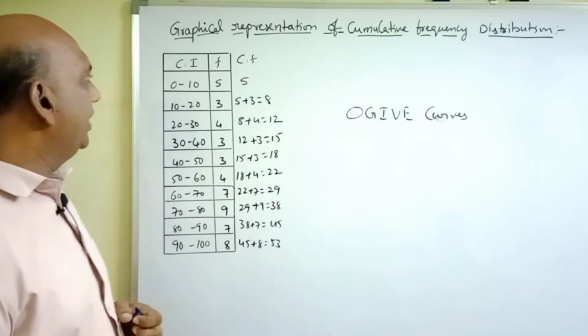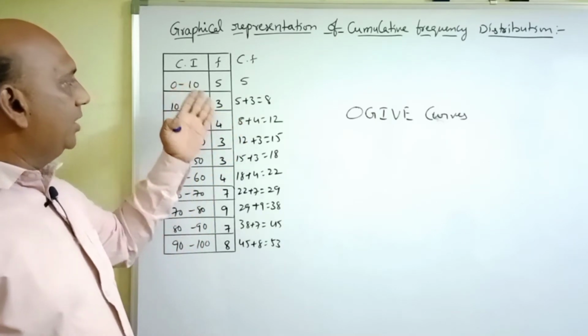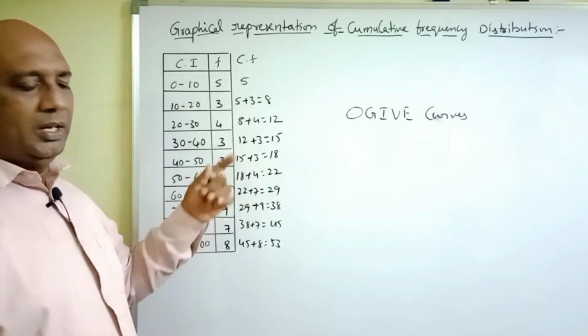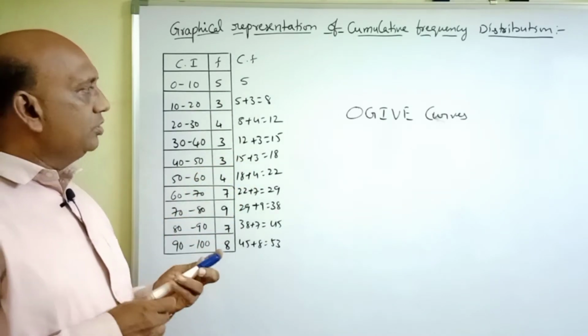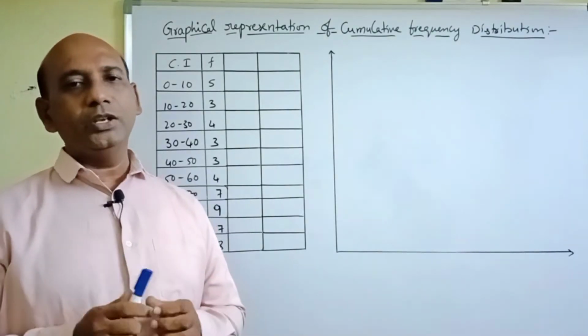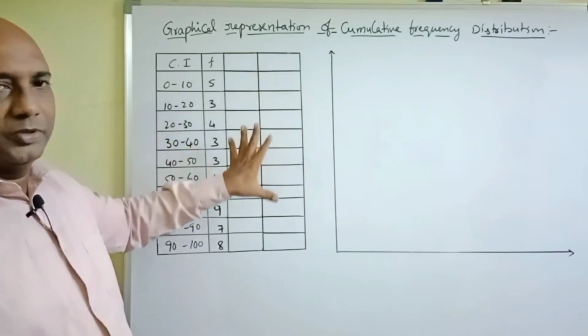For less than cumulative frequencies, we have to take upper boundaries and cumulative frequencies. Let us see how to take those columns. Students, to draw the less than cumulative frequency curve, we need additional two columns.